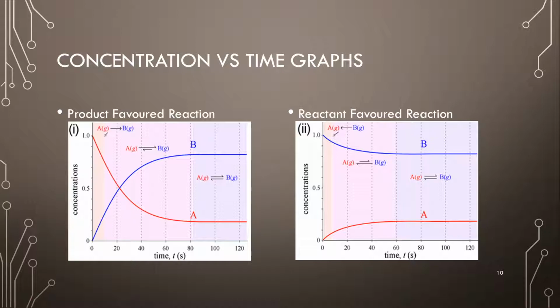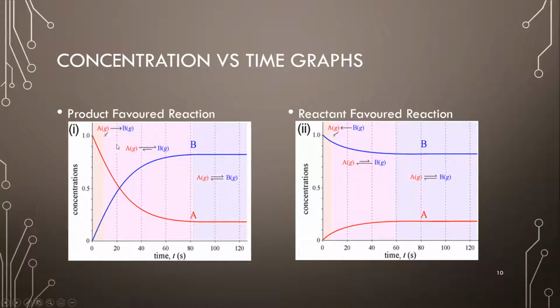It seems like a lot of A gets consumed and a lot of B is being formed here. So B is the concentration of the product. As you can see, if you're looking at this reaction as a two-way reaction, the arrow going forward is much larger than the arrow going backwards.